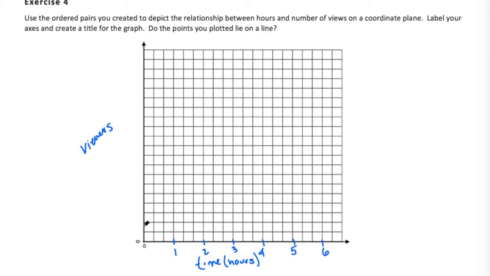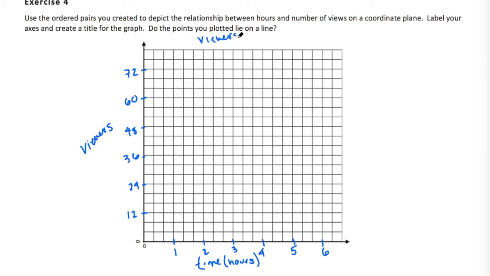And up here, I'm going to actually count by 3s, which makes every third line 12. So 12, 24, 36, 48, 60, and 72. Okay, let's not forget to put a title, y versus x.